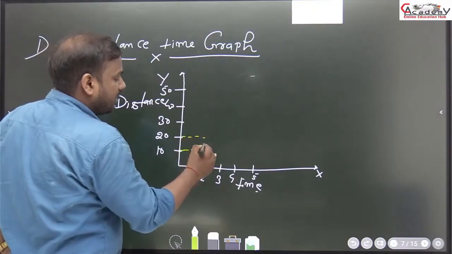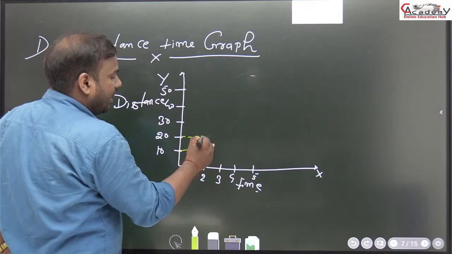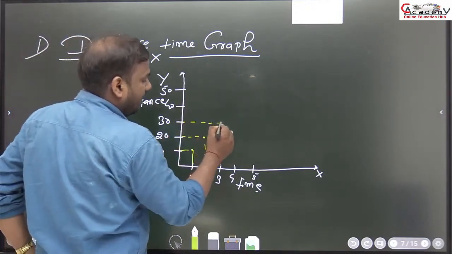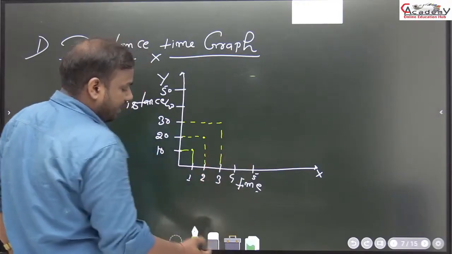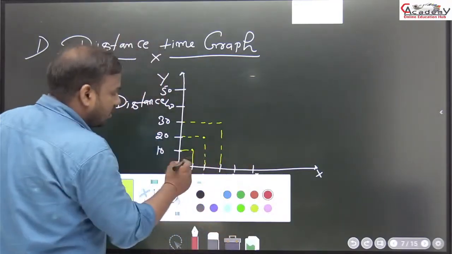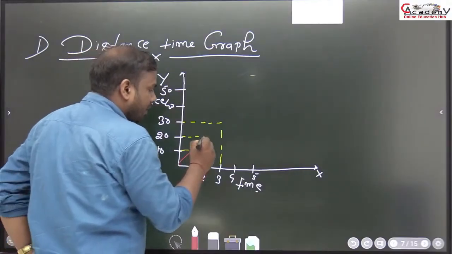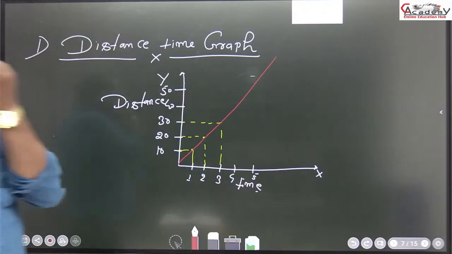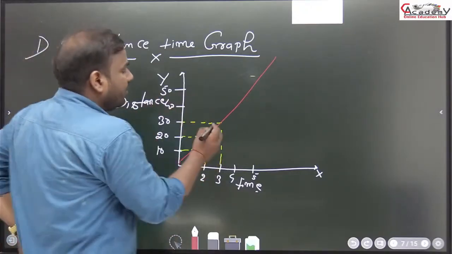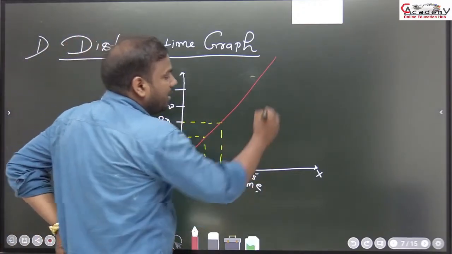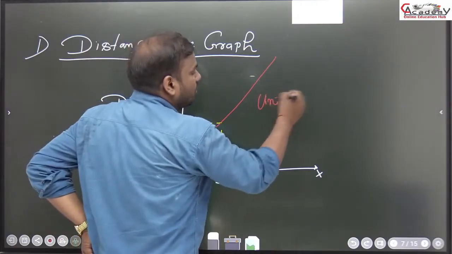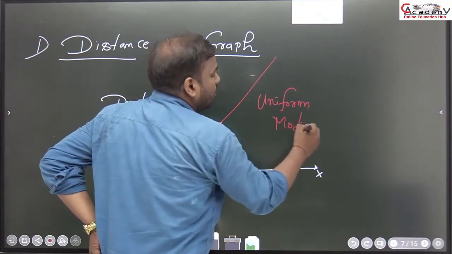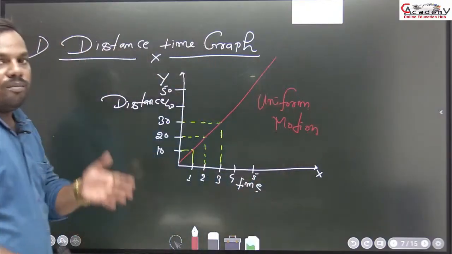For the next second it covers again 10 meters, and the next second again 10 meters. So we got a straight line. Is that clear? In this motion we got a straight line. That is the uniform motion.